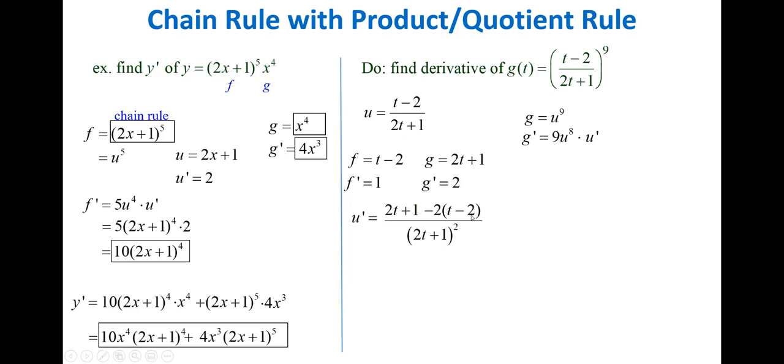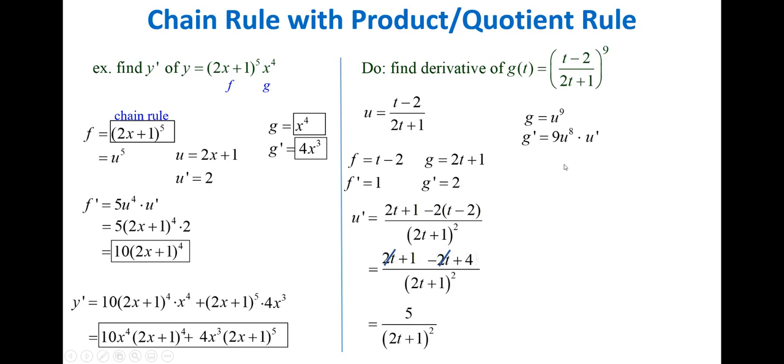And then simplifying the numerator, 2t plus 1, distributing the negative 2, gives negative 2t plus 4, all over 2t plus 1 squared. And then the 2t's will cancel out. 4 plus 1 is 5. Numerator is 5. Denominator is 2t plus 1 squared.